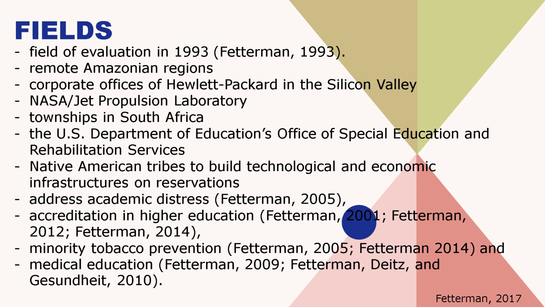Empowerment evaluation has been used by NASA's Jet Propulsion Laboratory to educate youth about the prototype Mars rover, in townships in South Africa to create sustainable community health initiatives, by the United States Department of Education's Office of Special Education and Rehabilitation Services to foster self-determination, and with Native American tribes to build technological and economic infrastructures on reservations.